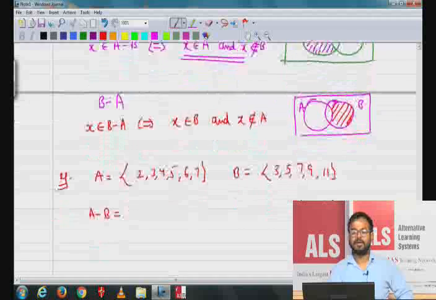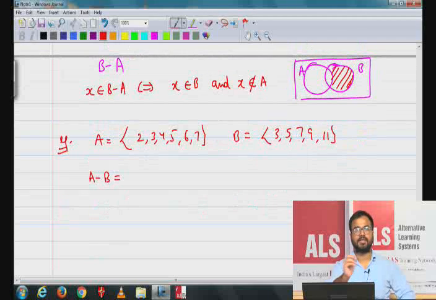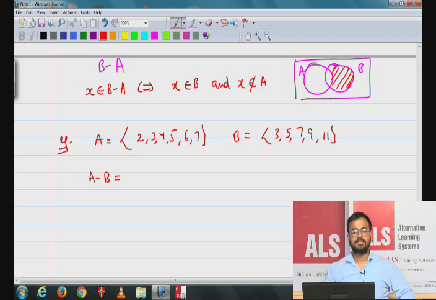Or let's take one example over here also, you will understand. This is set A, the elements are 2, 3, 4, 5, 6, 7. Set B, the elements are 3, 5, 7, 9, 11. If we have to do A minus B, from the set A you have to eliminate those elements which are a part of B also.